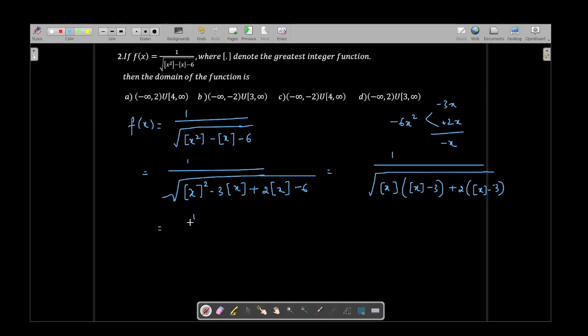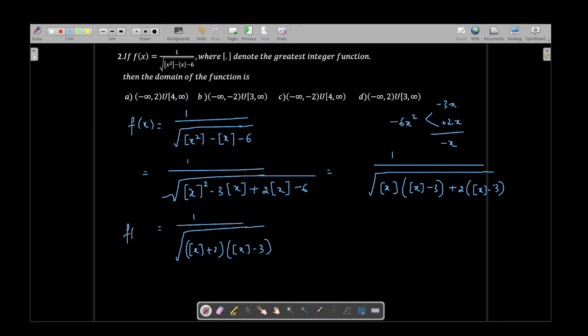Further, I can write this as 1 over the square root of [gi of x] plus 2 into [gi of x] minus 3.